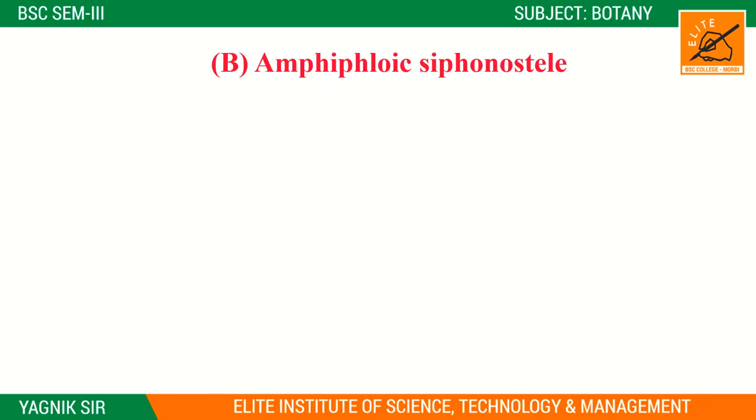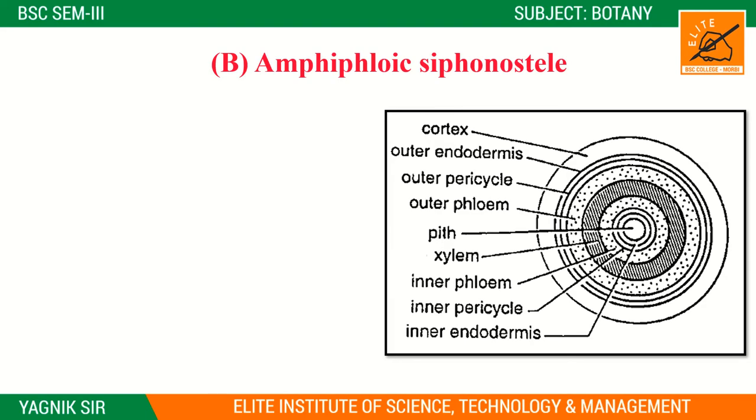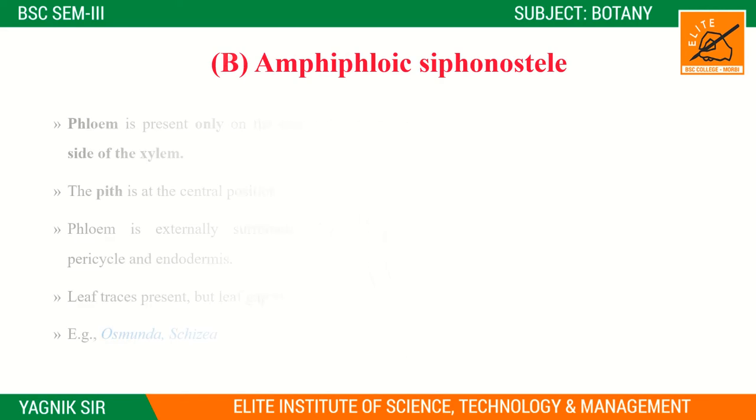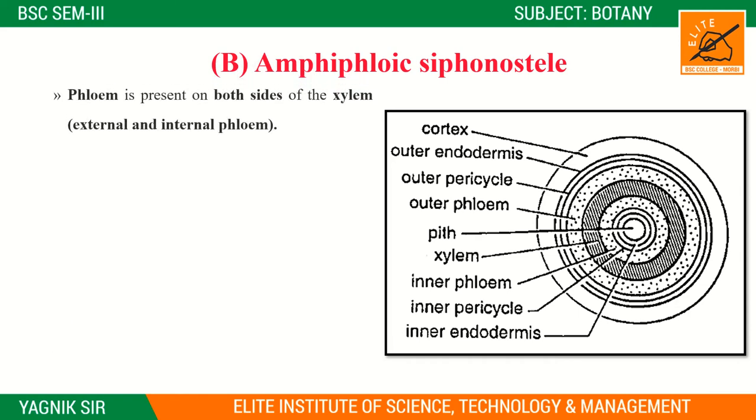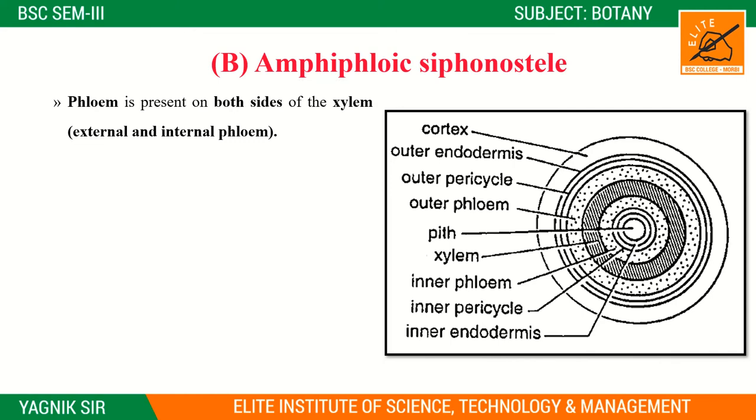So what is the difference between these two terms, amphiphloic and ectophloic siphonostele, right? So here two rings of phloem are present. Phloem is present on both sides of the xylem, right? The inner side of the xylem has phloem, and the outer side of course has phloem, right?